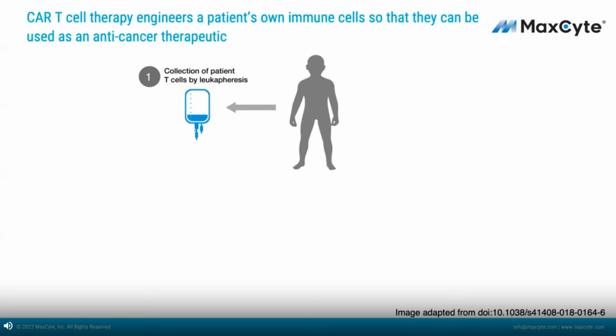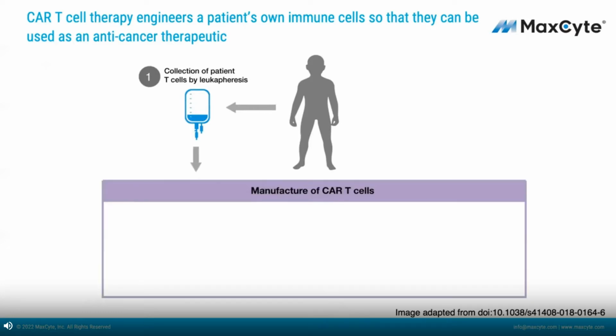Once you've isolated their T cells, you will then go to a series of steps to manufacture the CAR T-cell product. And so CAR stands for chimeric antigen receptor. And what this does is that we're taking the patient T-cells, we are enriching them and activating them so that they begin expanding.